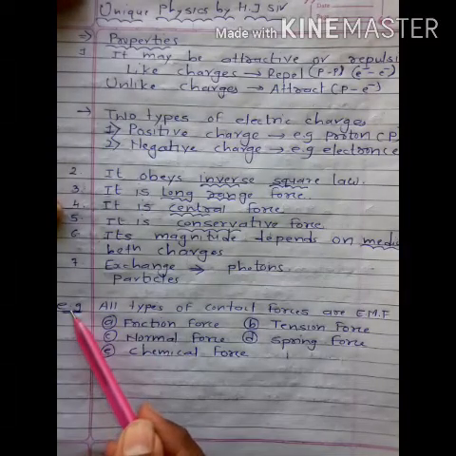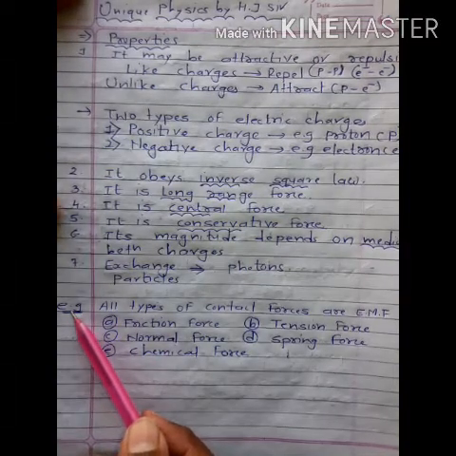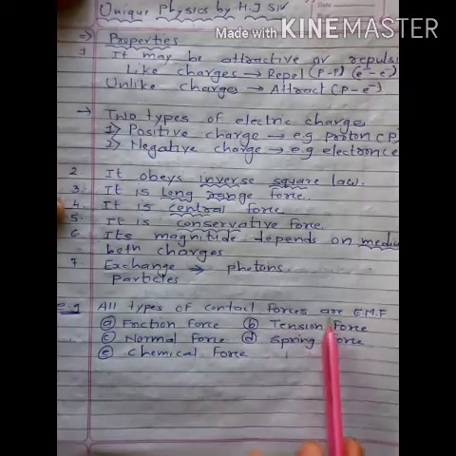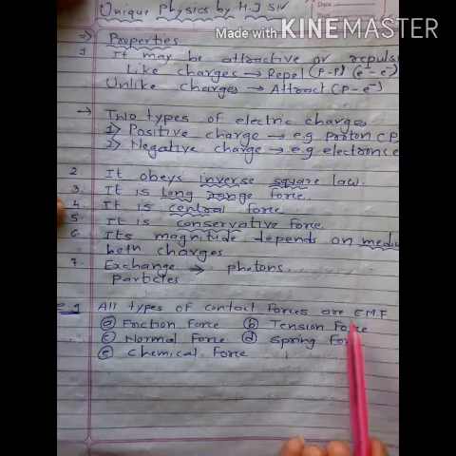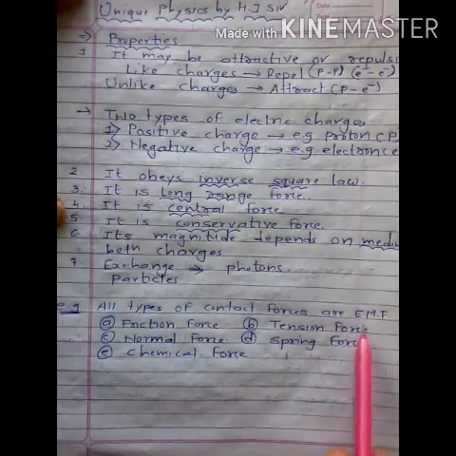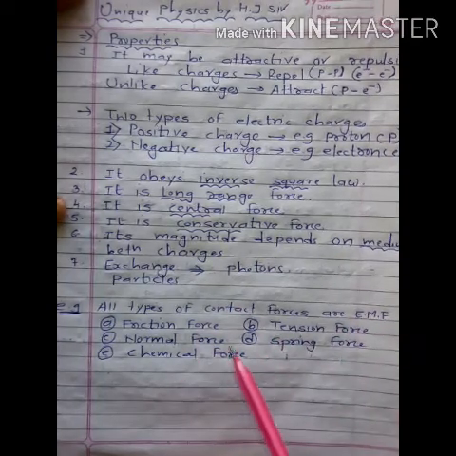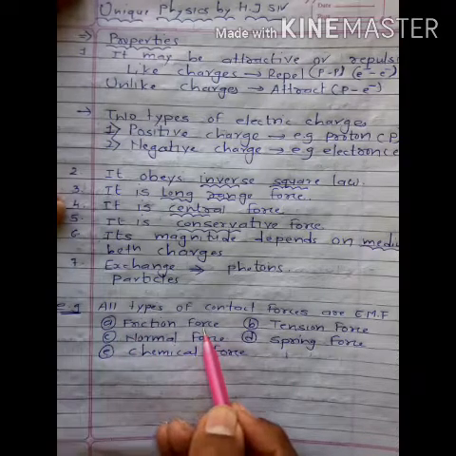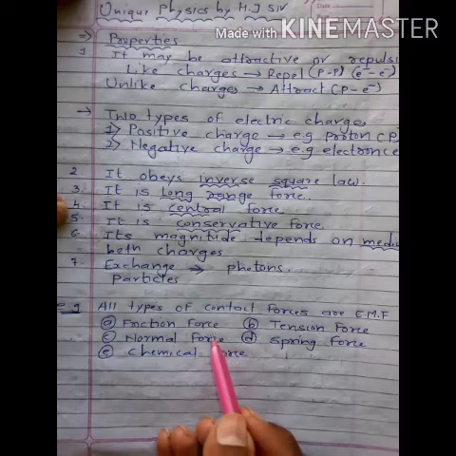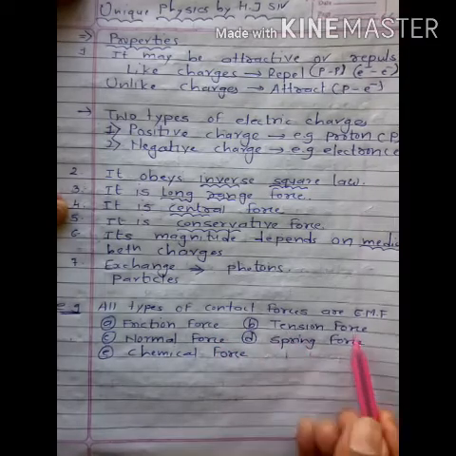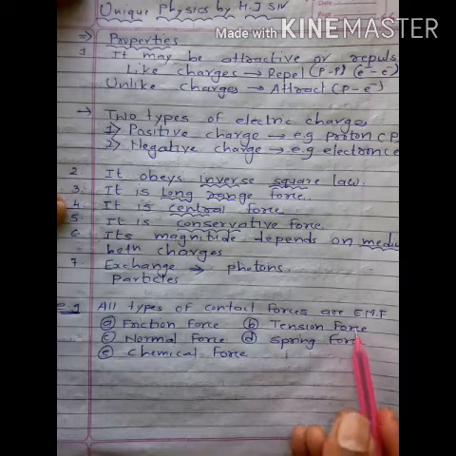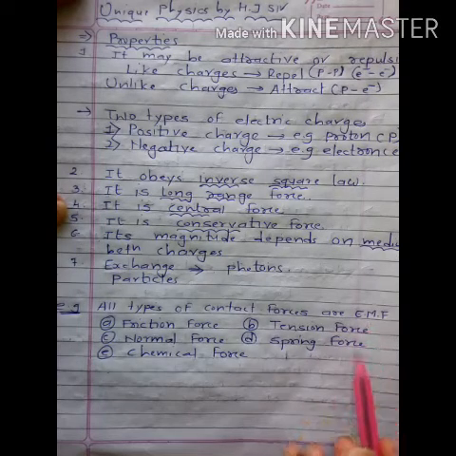Now remember examples of electromagnetic force. All types of contact forces are electromagnetic force. EMF means electromagnetic force. Here we have some examples of contact force. Number 1, friction force. This is the basic type of contact force. Second, tension force. Tension force is produced in a string, so it is electromagnetic force.